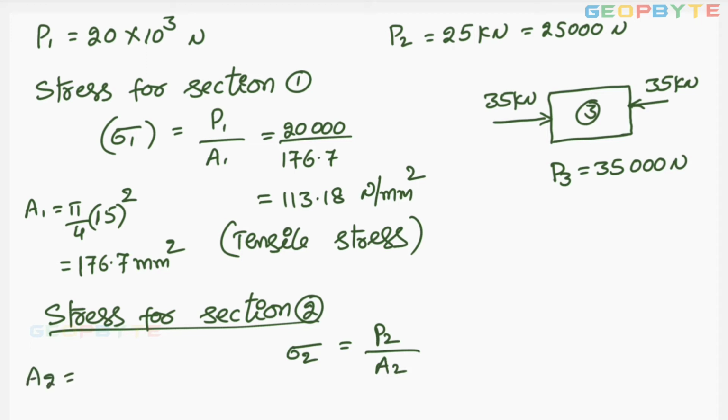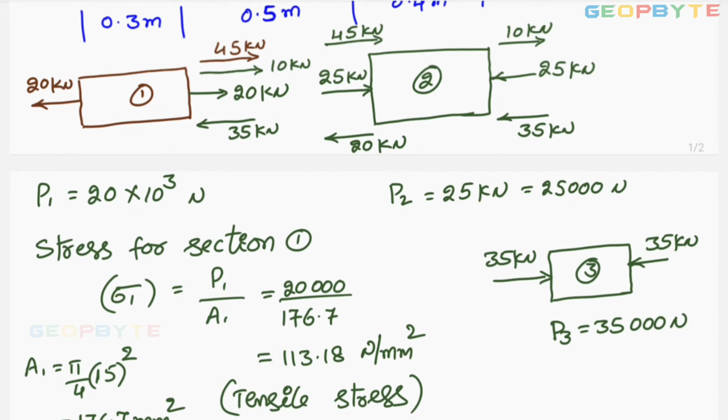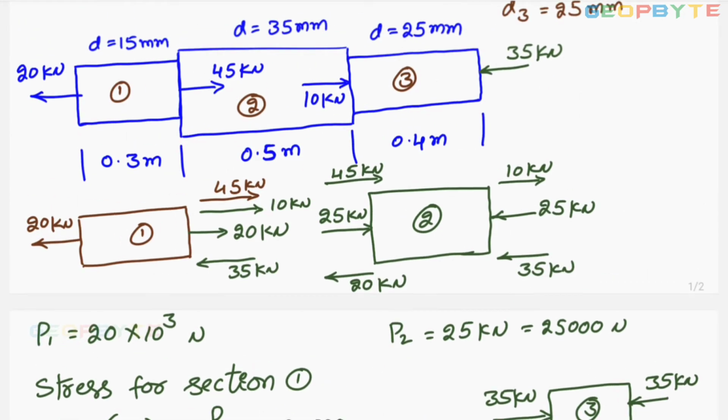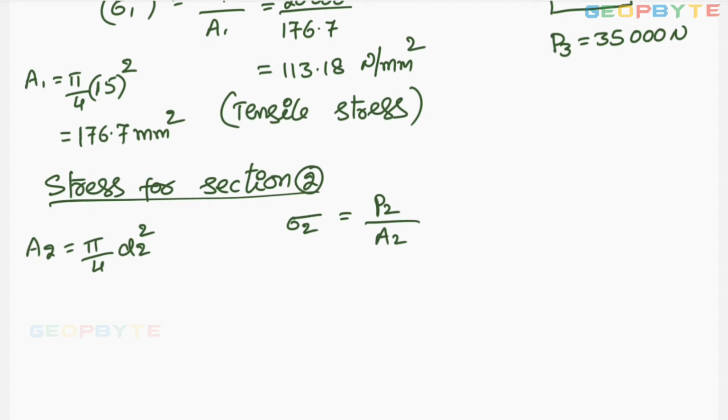Area of the section 2 equal to pi by 4 into d2 square. Diameter of the second section, d2 equal to 35 mm.